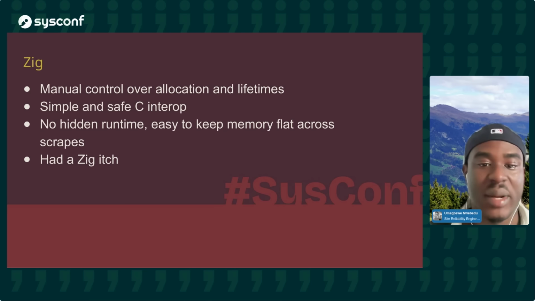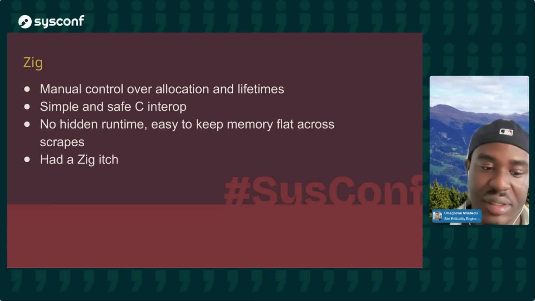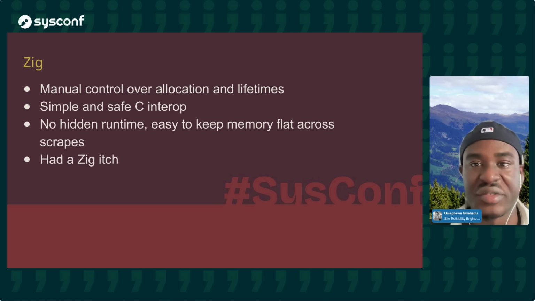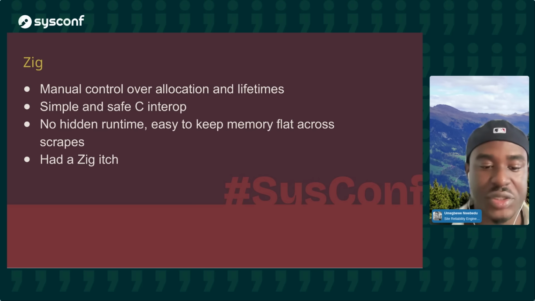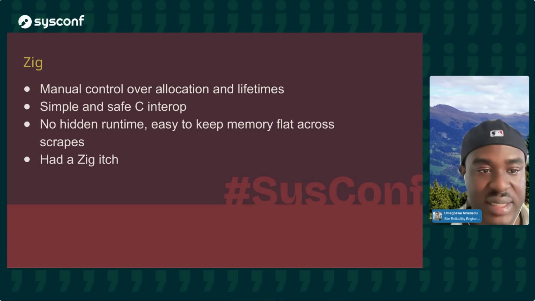So let's talk about Zig. Why did I choose Zig for this project? First, like I said earlier, a lot of these stats, metrics, and data have to be gotten from the OS directly. In the future slides we'll see why that is the case.